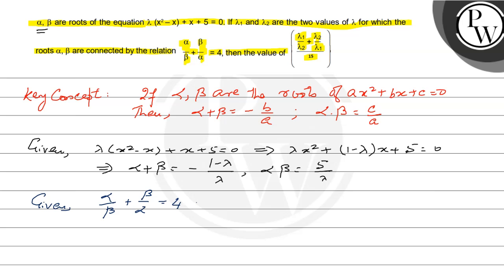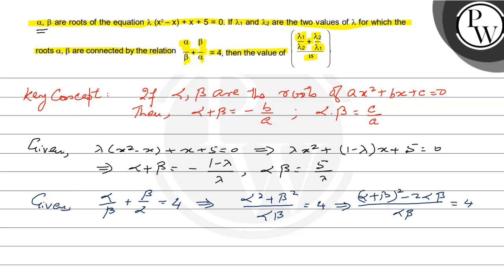So we can solve it. That is alpha square plus beta square over alpha beta equal to 4. It can be further written as, numerator I can write in terms of the sum of the roots as (alpha plus beta) square minus 2 alpha beta, divided by alpha beta, is equal to 4.